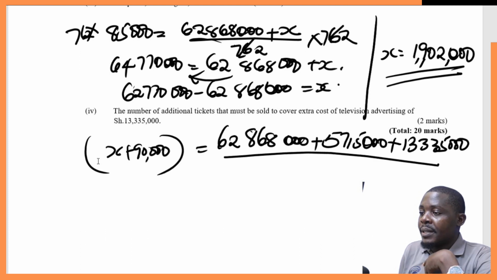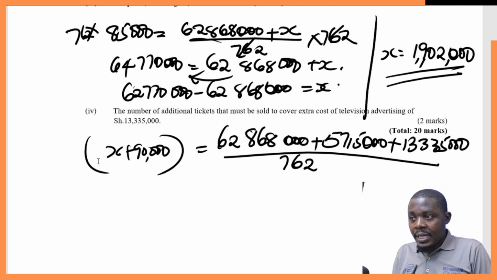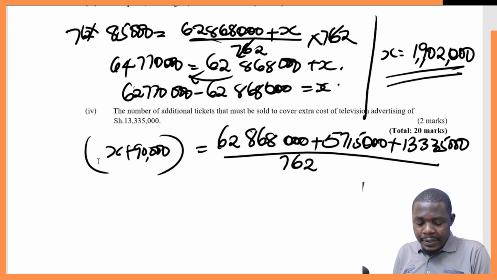Everything we are dividing by 762. Now there we just have to add 62,868,000 plus 5,715 plus 13,335, dividing by 762.